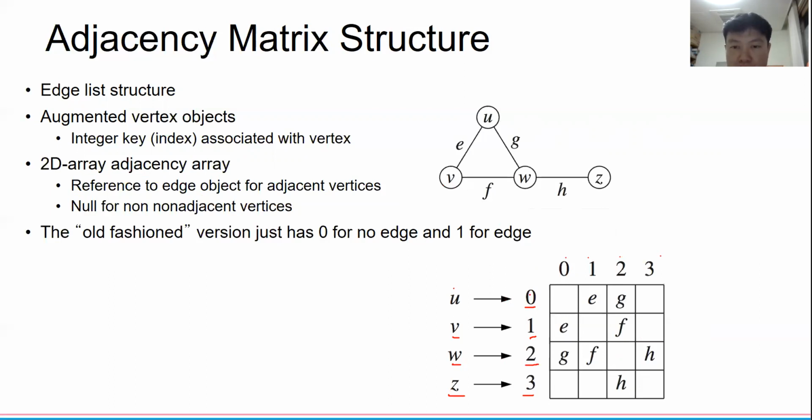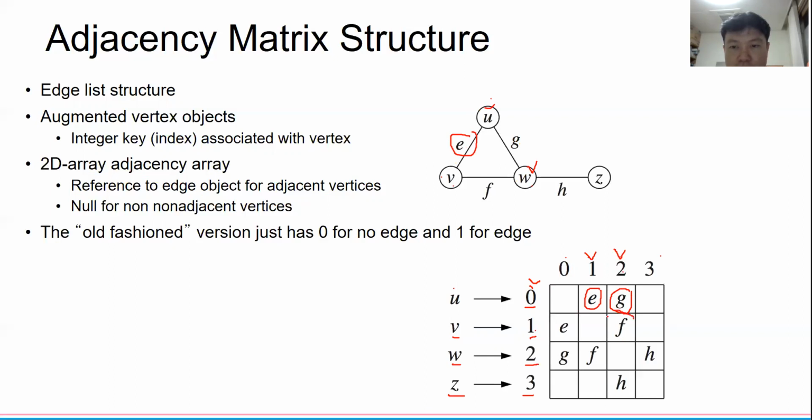Now we want to go into the details of the relationship between each pair of vertices. 0 and 1 means U and V. Between U and V there is an edge, which is E, so we write E here. What about U and W? Between U and W we have the edge G, so we write G here. What about V and W, which means 1 and 2?